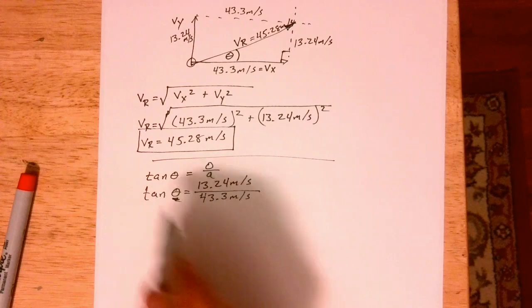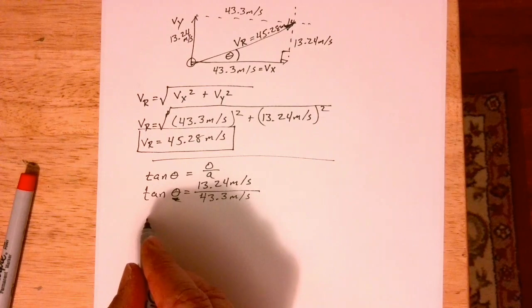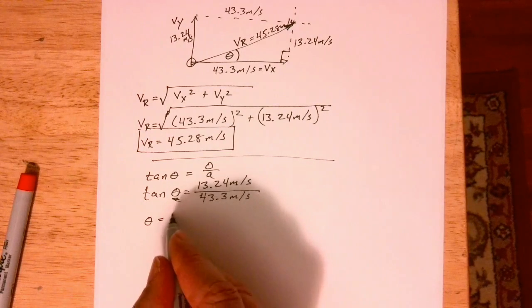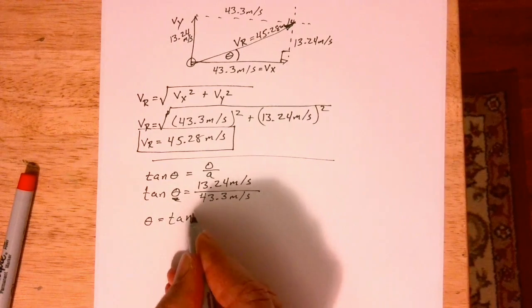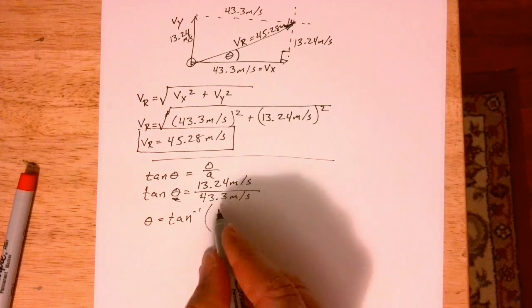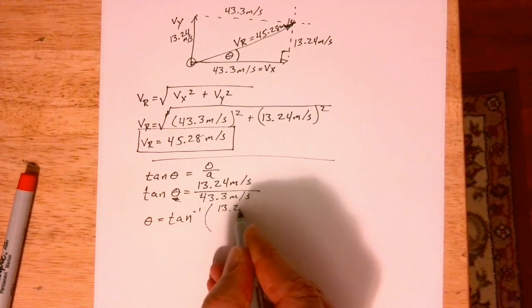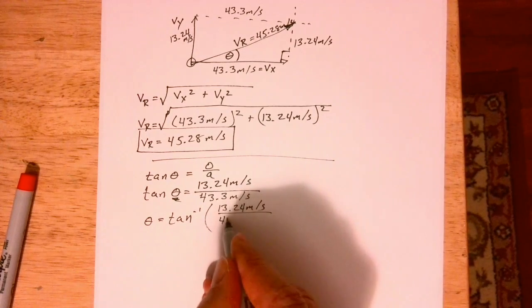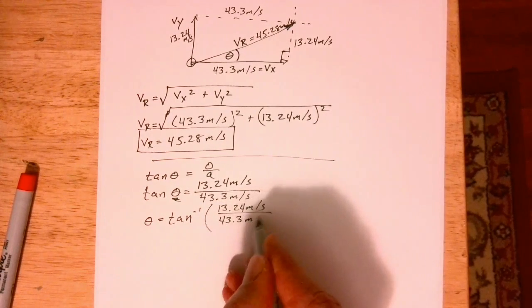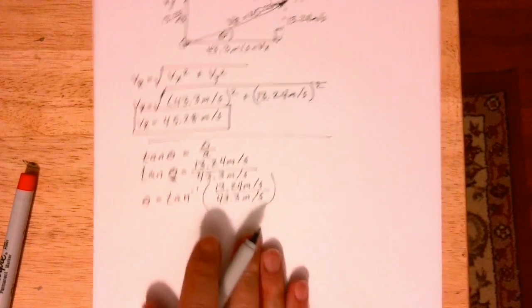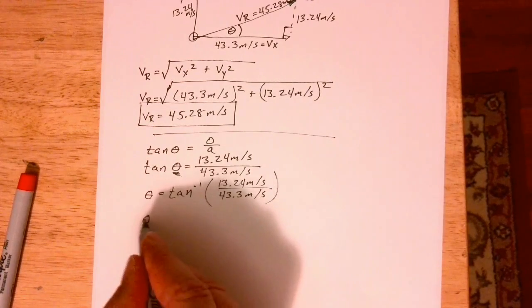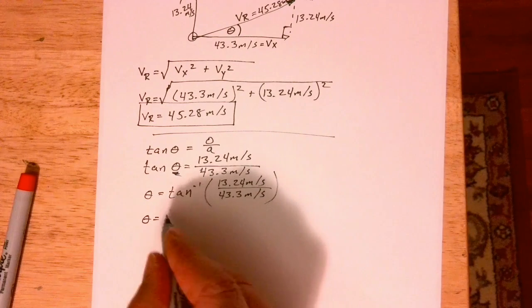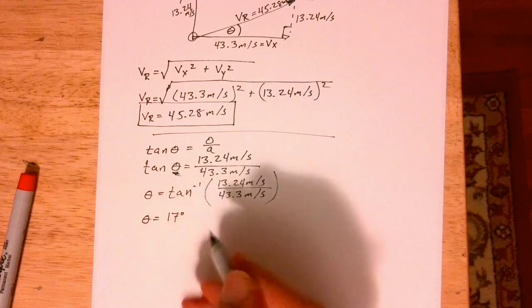So I need to get rid of tangent. So I need to take the inverse tangent on both sides. Make sure your calculator is in degree mode when you're doing this. So you're going to take the inverse tangent of 13.24 all over 43.3 meters per second. And when I do that, I end up getting a value of about 17 degrees.